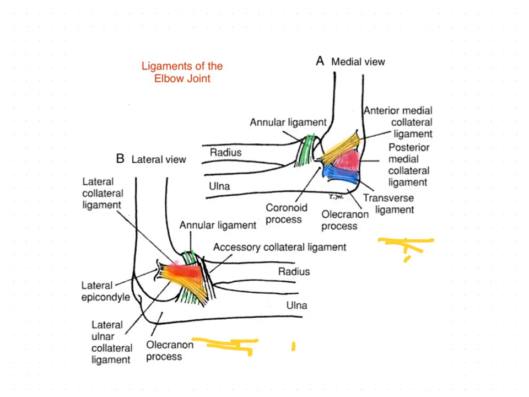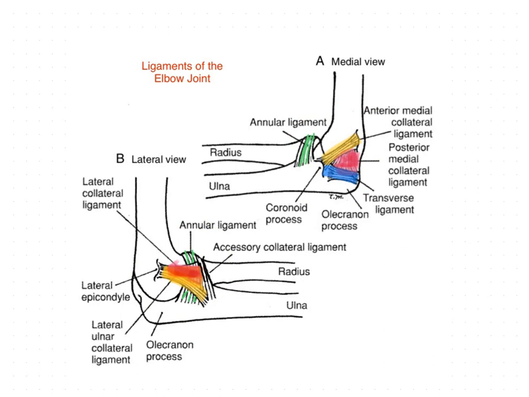The two main ligaments associated with the elbow joint are the medial or ulnar collateral ligament and the lateral or radial collateral ligament. These are the two important collateral ligaments present in the elbow joint.